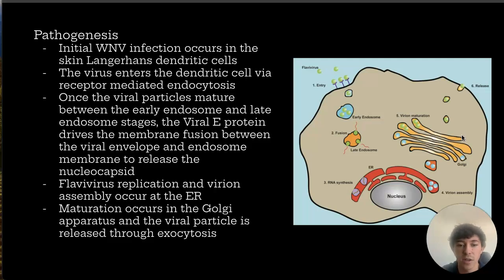Then the flavivirus will go into the endoplasmic reticulum, where replication will occur, RNA synthesis, and then finally virion assembly, which will then transfer to the Golgi apparatus, where virion maturation will occur, and then after this final maturation, it is released via exocytosis.